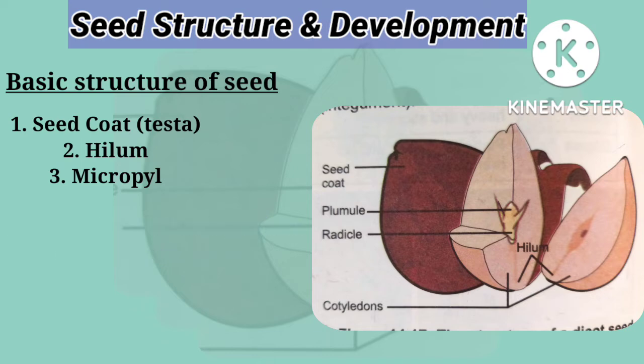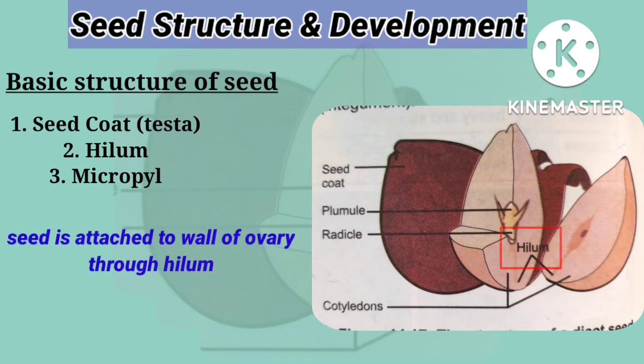Then there is hilum. On the seed coat, at any point, we can see a scar. Scar is basically a mark, and this mark can be seen anywhere on the seed coat. So, hilum is the point where the seed is attached to the ovary wall or the fruit.